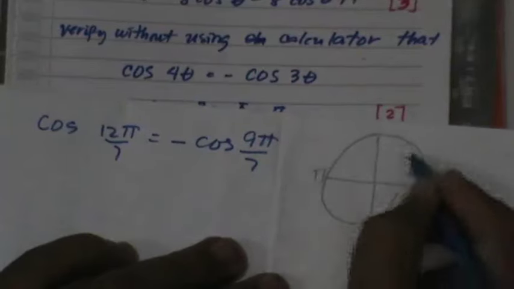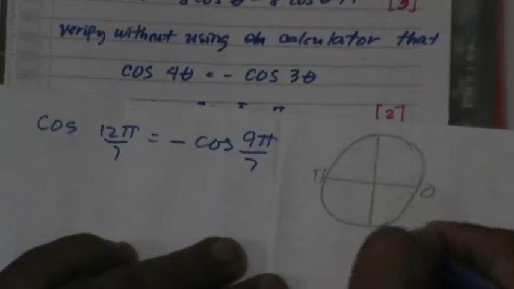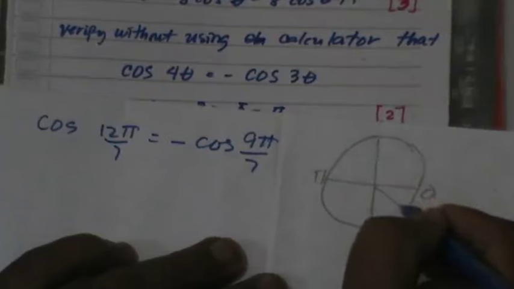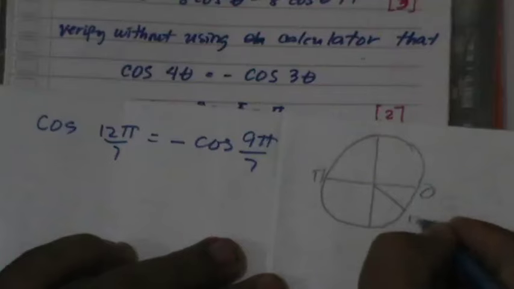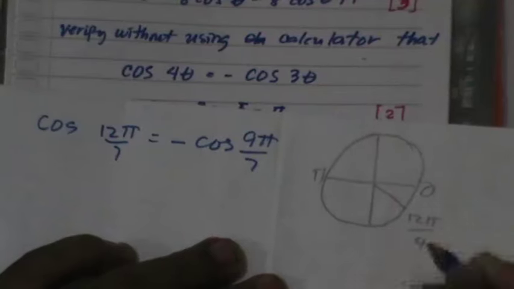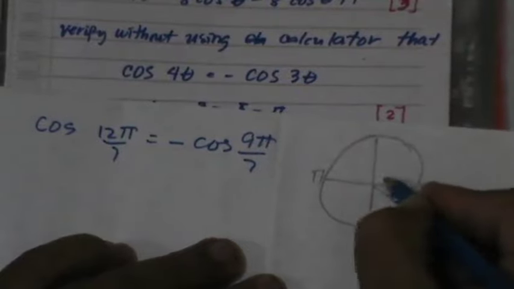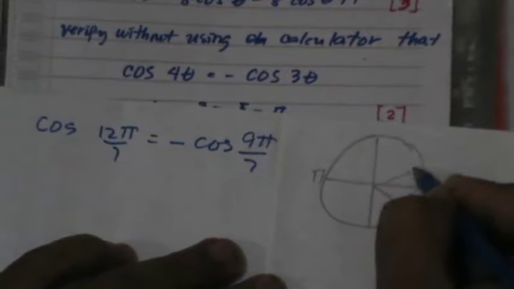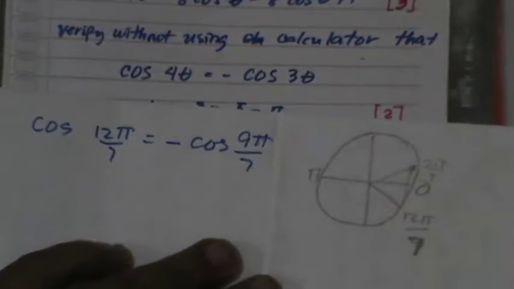This is 0, that is pi. So that is now 0 to pi, there is 7 pi over 7. So 12 pi over 7 is somewhere here in quadrant 4. And this 12 pi over 7 has the same cosine as here. And what is this one? That is actually your 2 pi over 7.